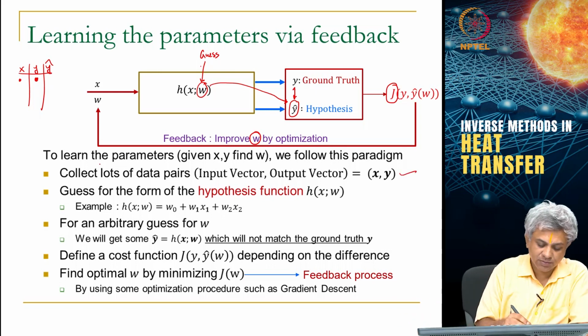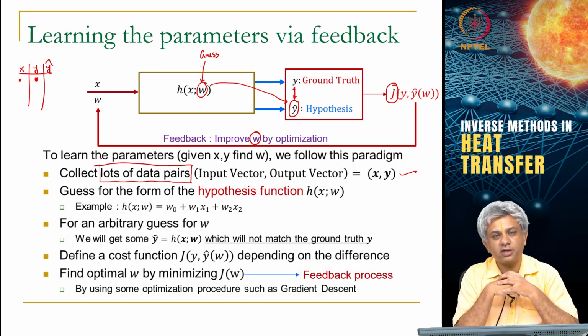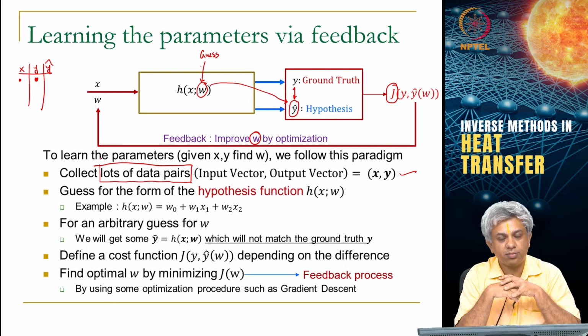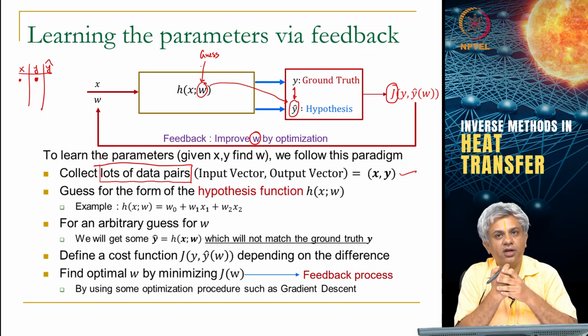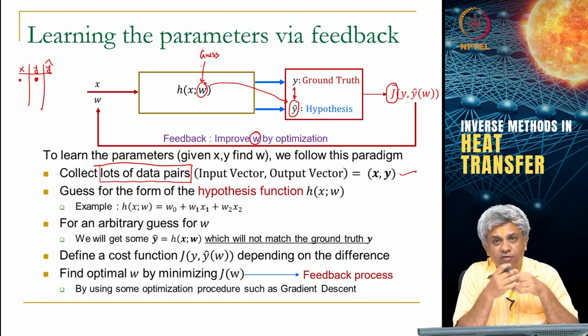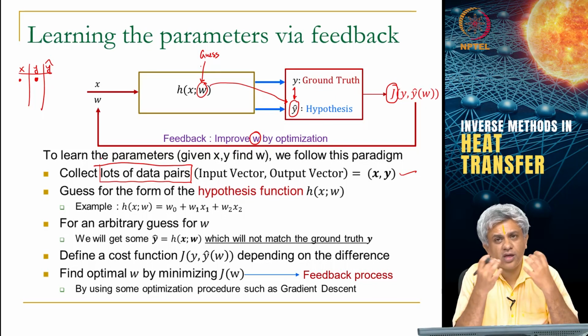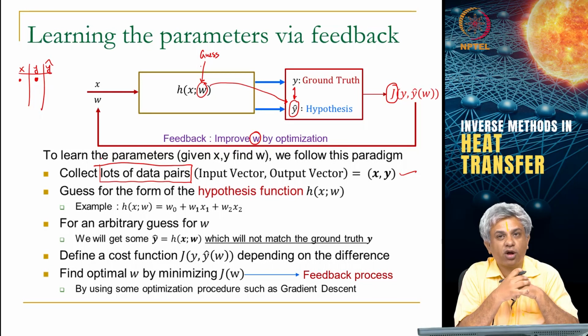Now, here is the catch. The key difference between machine learning and some of the techniques that we use for inverse problems will come as we come to the next week, because typically machine learning involves a lot of data points, whereas in inverse problems, at least the simple problems that we have been doing, even in real life measurements, your number of measurements will actually not be too many.